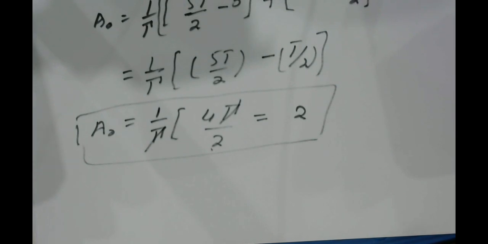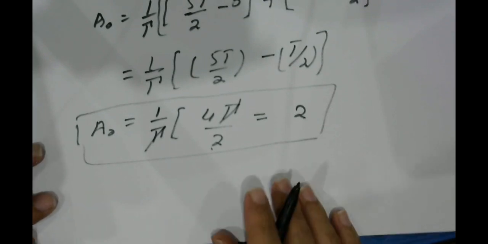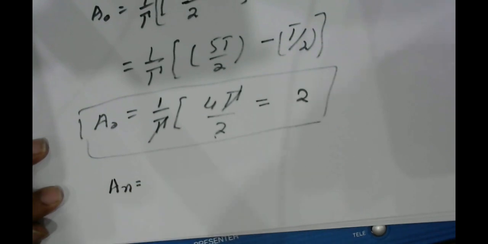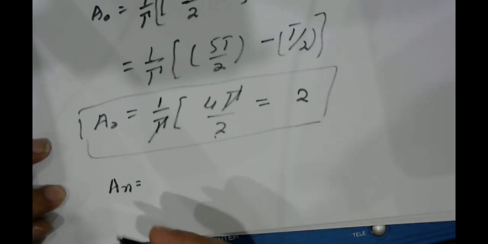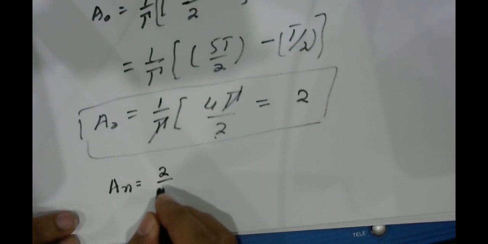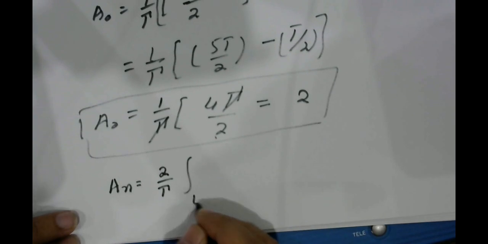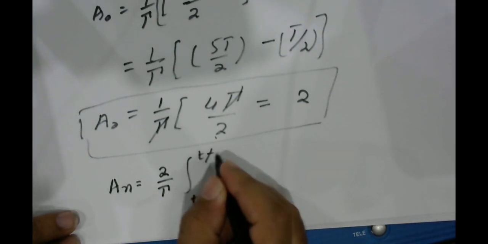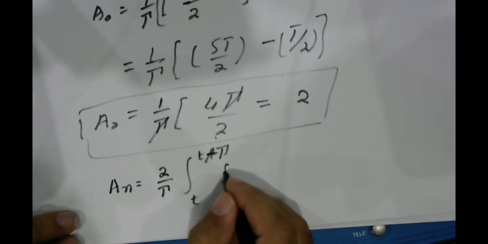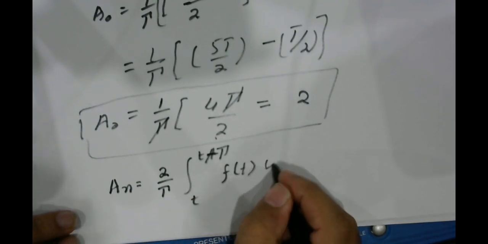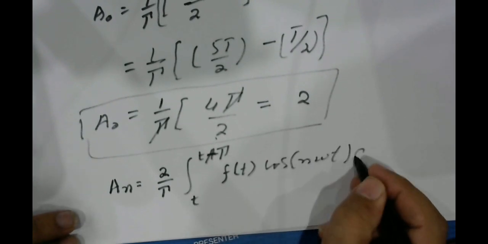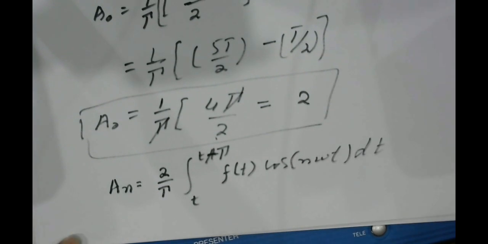Now what we need to find out, the second part, is what will be an. You need to find out. So you already know the formula, that your formula will be 2 by T integral T to T plus T, right? This is plus. Okay, f of t cos of n omega t dt, right?